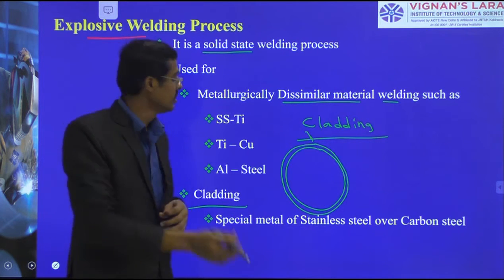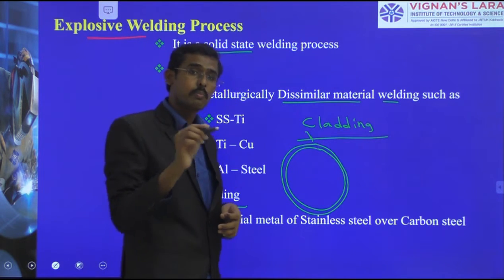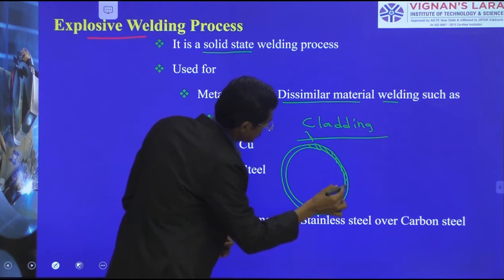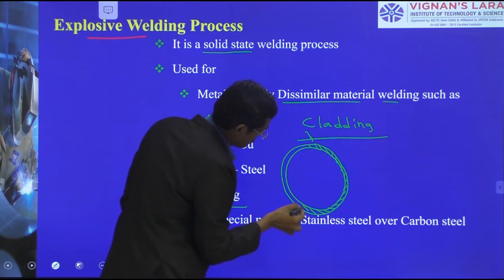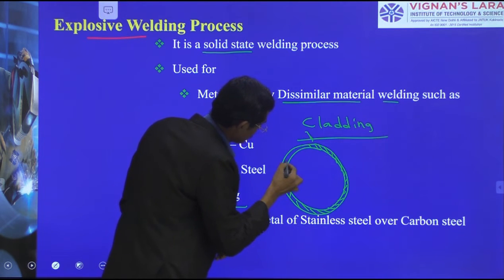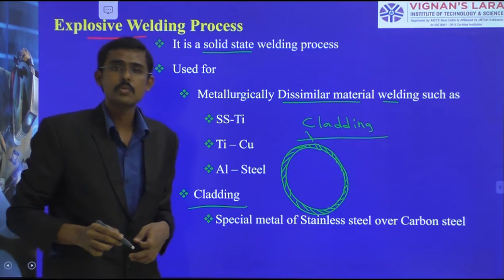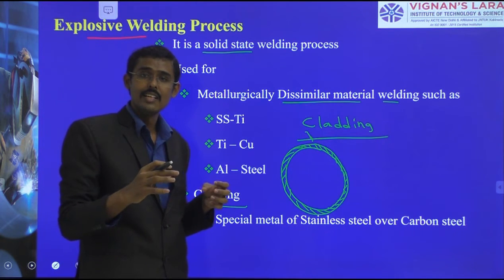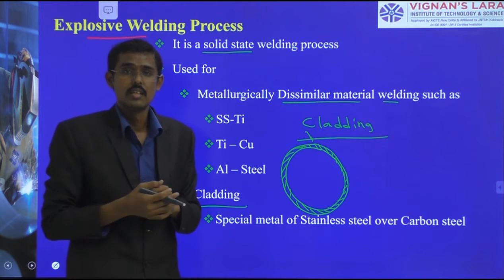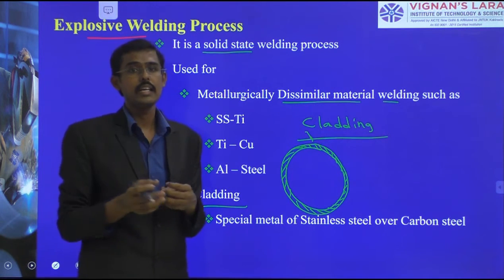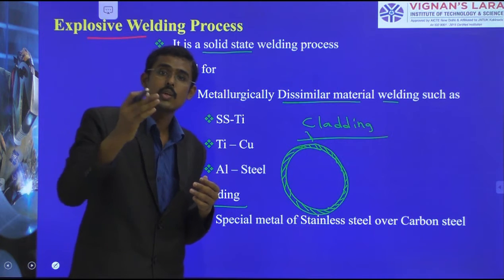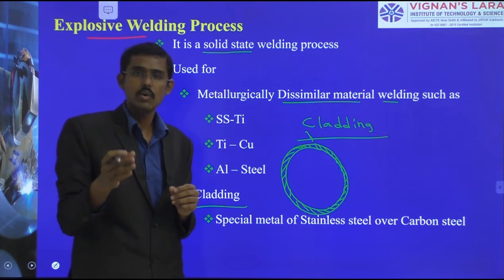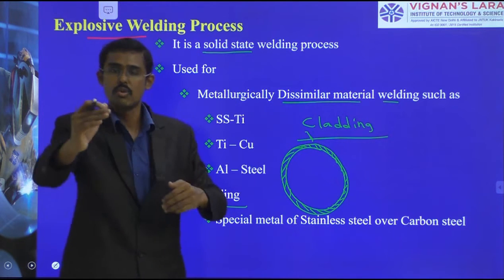This 20 mm thick plate will start to corrode, because mild steel does not have that much corrosion resistance. Therefore, in stainless steel we add chromium content greater than 12% to make it a corrosion resistant material. That we know.